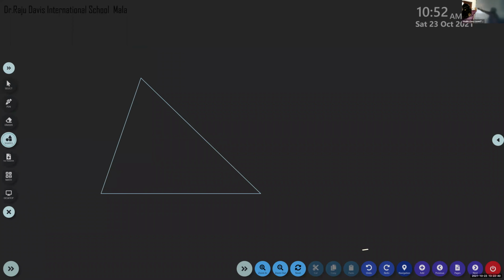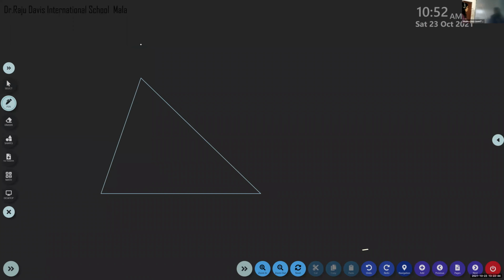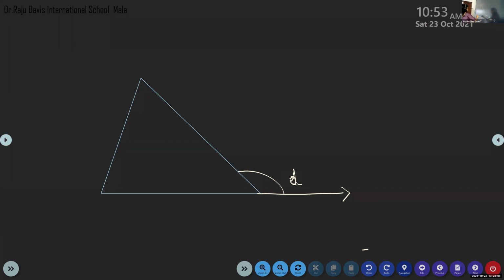Now I can extend any other side, whereas till now you were watching that side. So I can extend this side. We can name the angles A, B, C, D. Let the exterior angle be D, and I will mark the opposite angle, children.